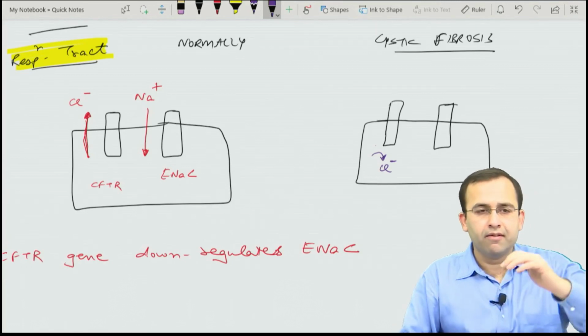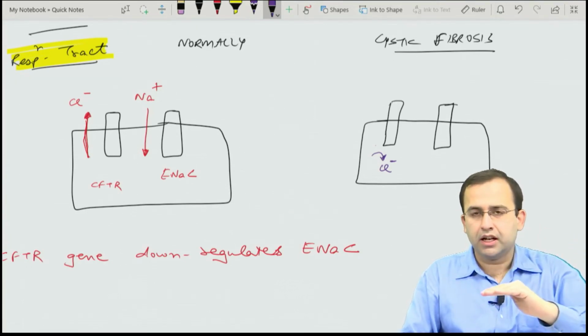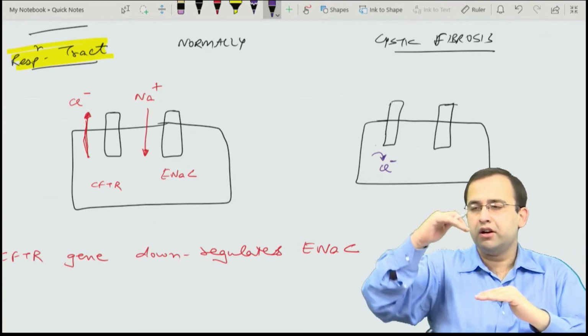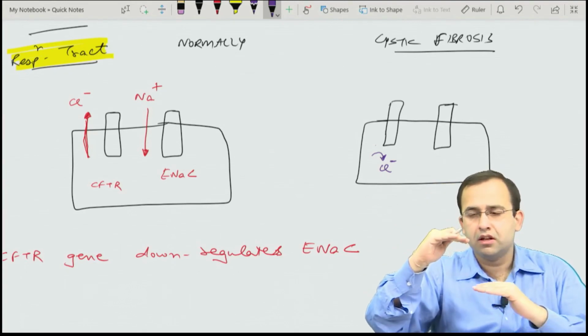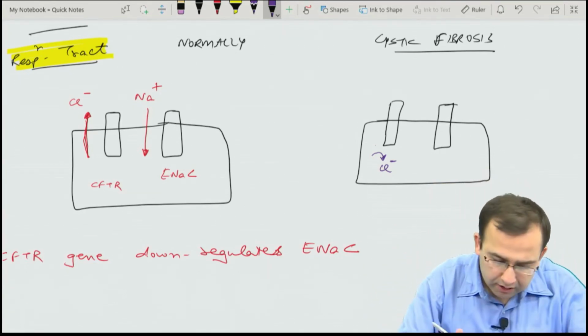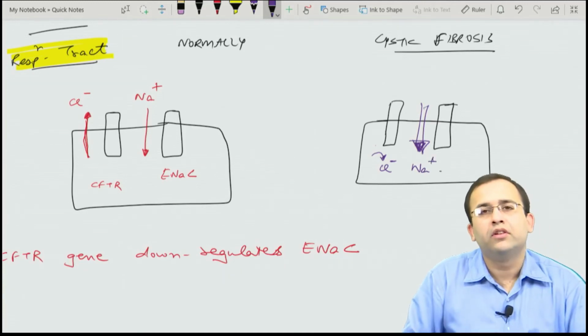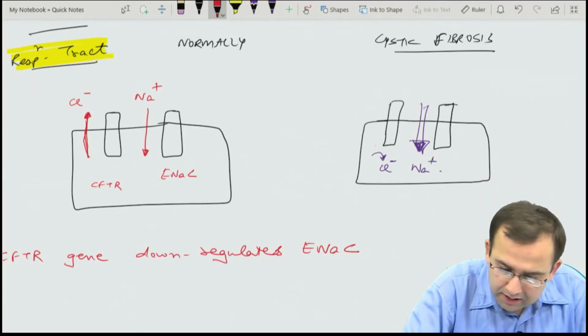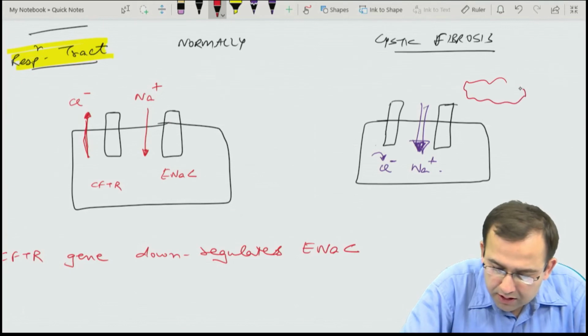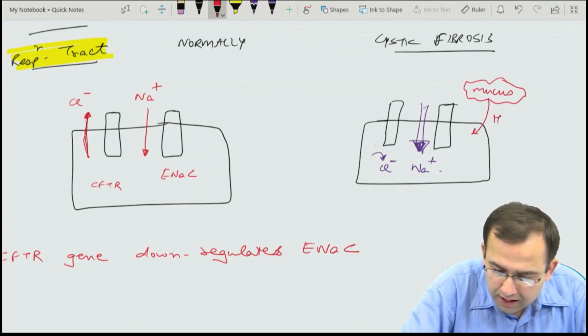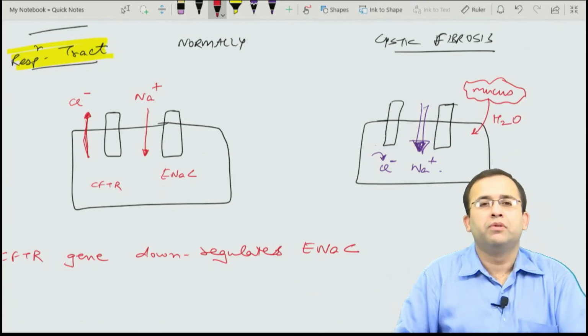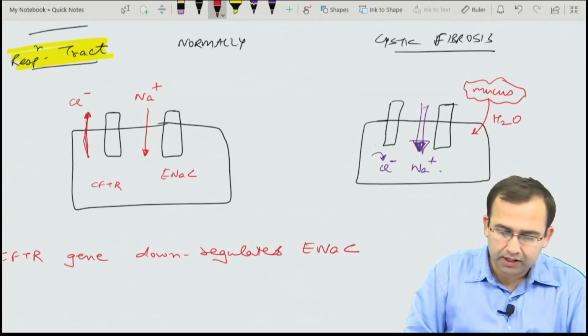The CFTR gene downregulates ENaC, so if the CFTR gene is mutated, the downregulation is less. That is, the activity of ENaC increases, so more sodium is present inside the cell. As a result, the mucus present in the lumen becomes dehydrated, and to maintain osmolarity, water enters into the cell.